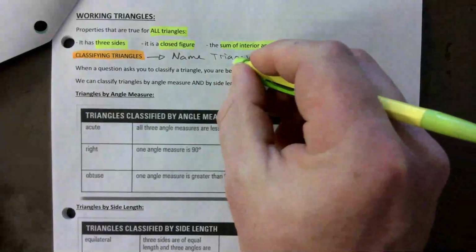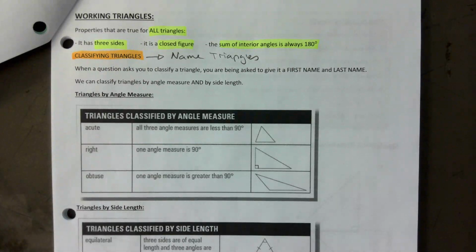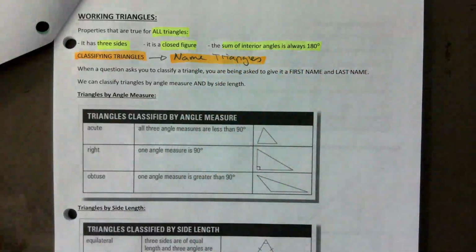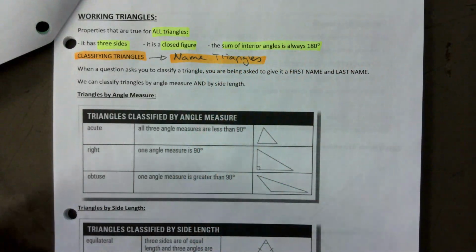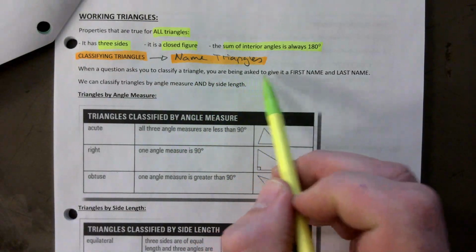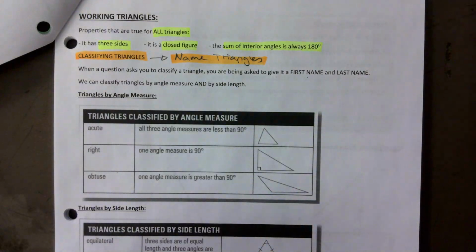Naming triangles, if you want to call it, right? That's what you're doing when you're classifying. You're giving it a specific name. Okay? When a question asks you to classify a triangle, you're being asked to give it a first and a last name. That's what I use to make it a bit catchier.